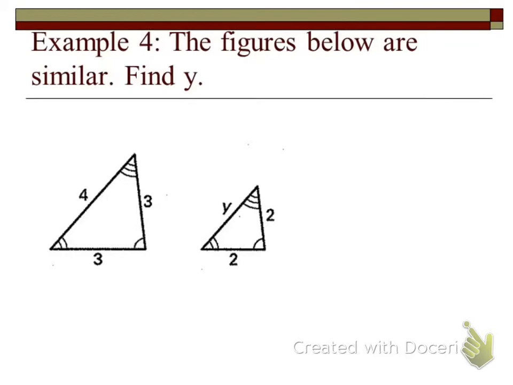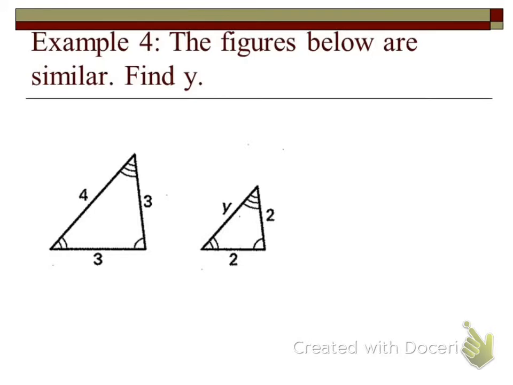So the directions say the figures below are similar and we're asked to find y. Now in all the previous ones it told us which triangle or which polygon to start with.